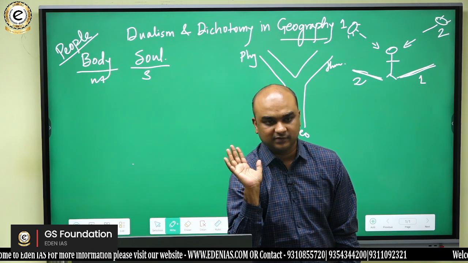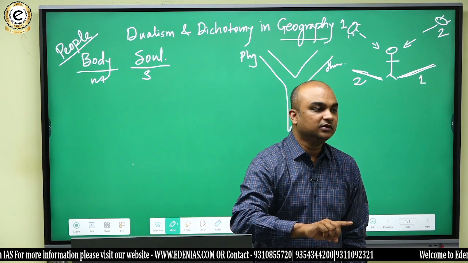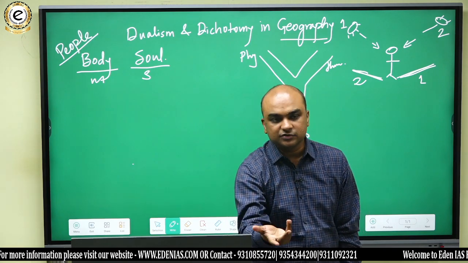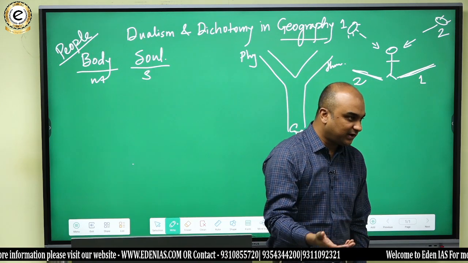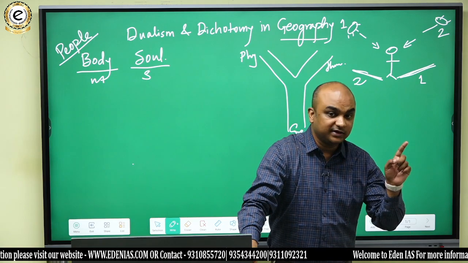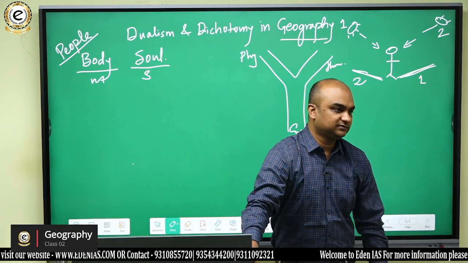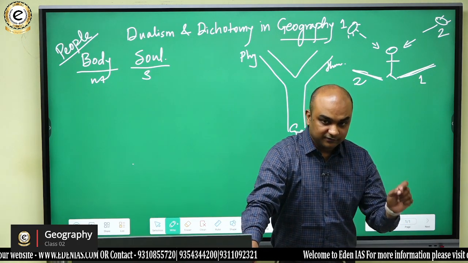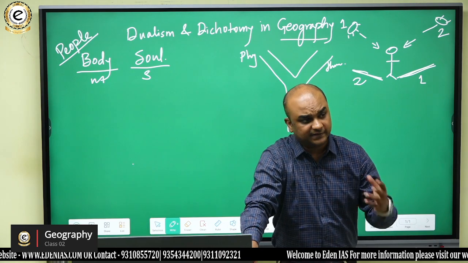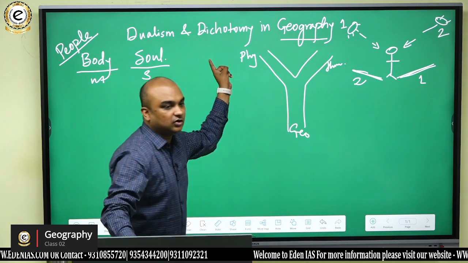So no discipline can remain immune from dualistic currents, and geography is no exception. That's why dualism has crept into geography, and it is on the basis of these dualistic thoughts or currents that experts divide the subject. The branching of any discipline on the basis of dualistic thoughts is known as dichotomy.